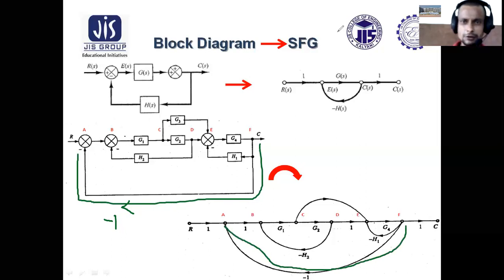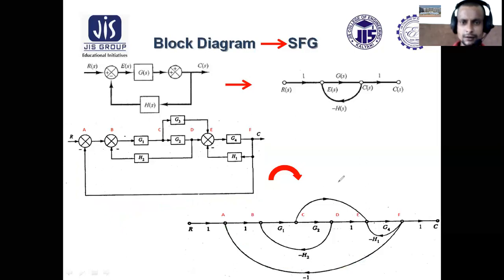So it is very simple to get SFG from a given block diagram. For your better understanding, so that you won't make any mistake, please try to mark all the summing points and all the takeoff points in the block diagram, and the same summing points and takeoff points will be considered as nodes in the SFG.